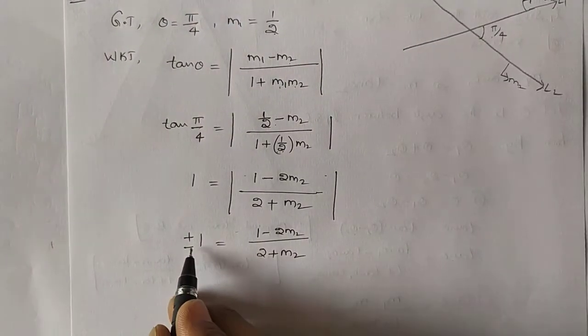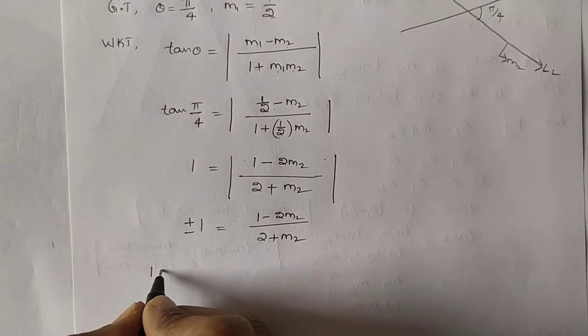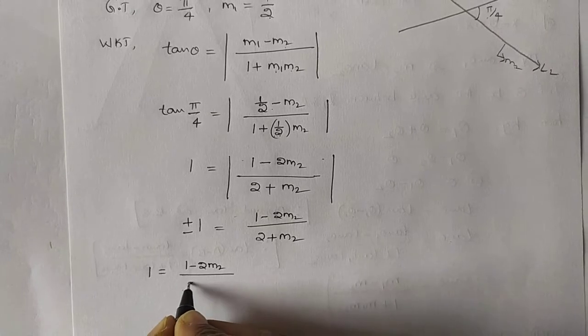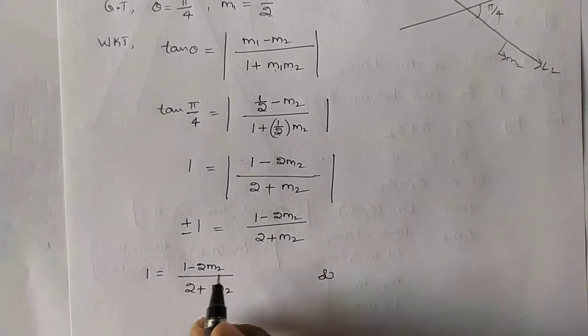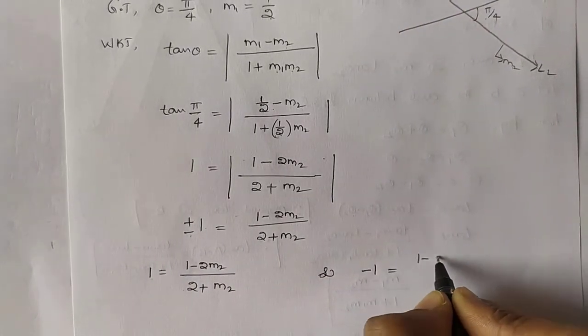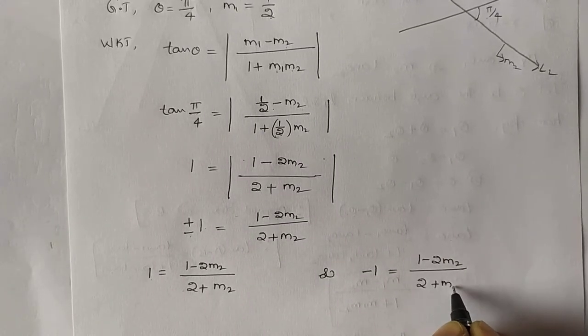Now we will have two cases. Plus 1 equals (1 minus 2 m2) divided by (2 plus m2), and minus 1 equals (1 minus 2 m2) divided by (2 plus m2).